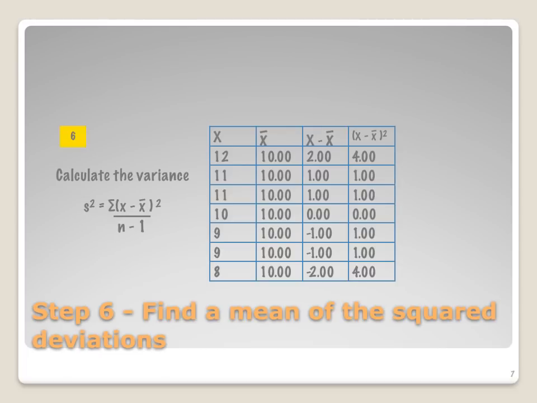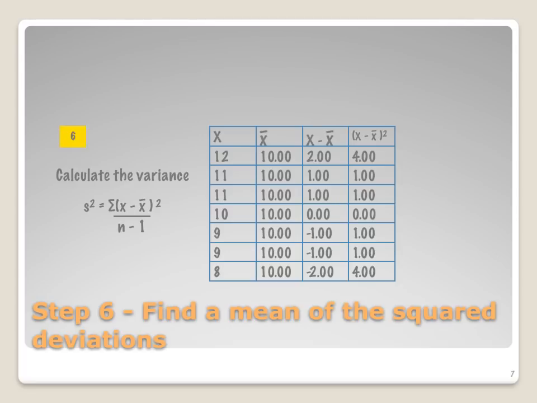In step 6, we're going to find a mean of the squared deviations. This is also known as the variance. So the variance is really just an average of the squared deviations. There's a trick, however, when we're coming up with the average of the squared deviations.